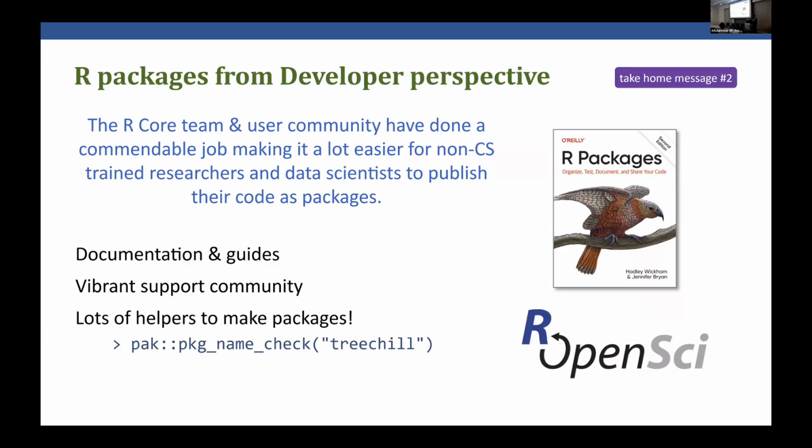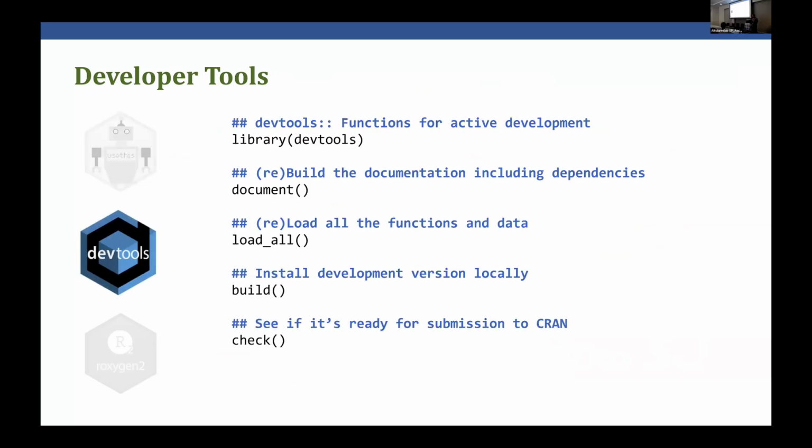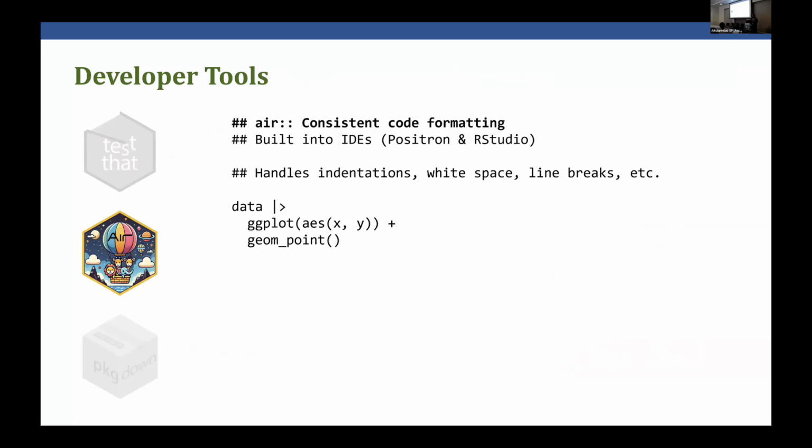There's good documentation out there. There's groups like rOpenSci, which provide peer review of code, which I think is another important component of scientific computing, and lots of helpers. These next few slides are going to be some of the packages that help the on-ramp for building packages. I'm going to go through these because there's not time.